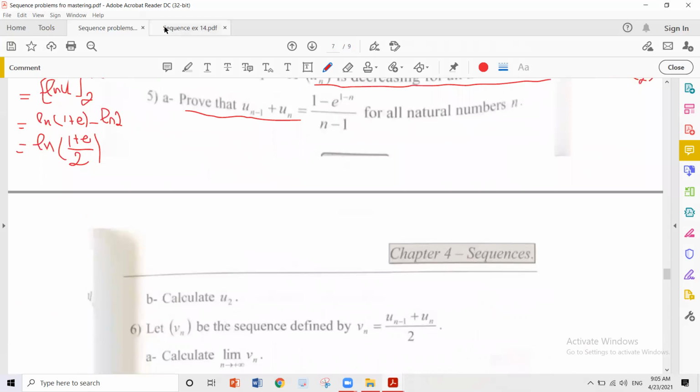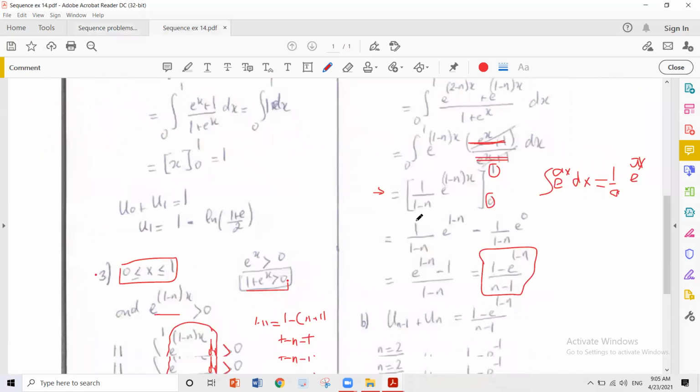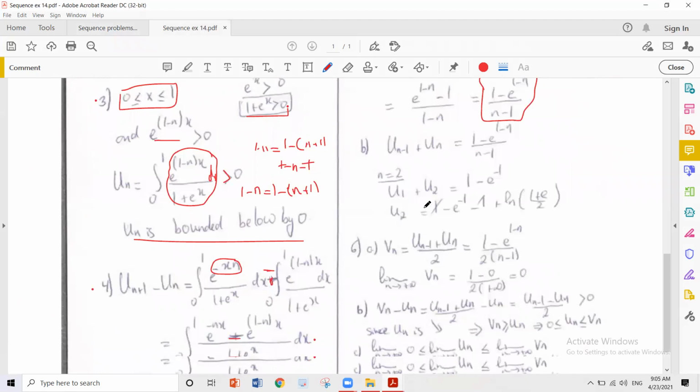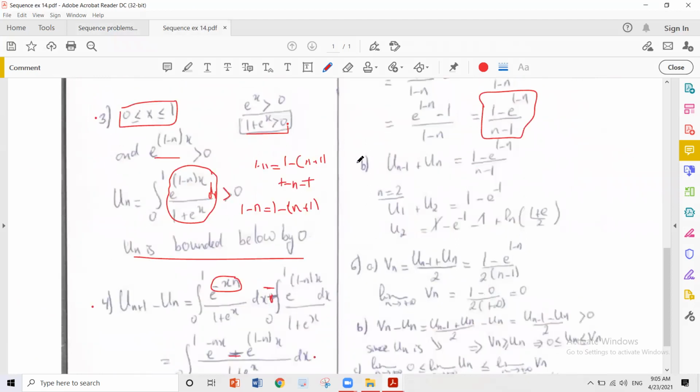I put 2 instead of n. This is the previous relation here. If we put 2 instead of n, we get u1 plus u2 equals 1 minus e to the power minus 1 over 2 minus 1 over 1.